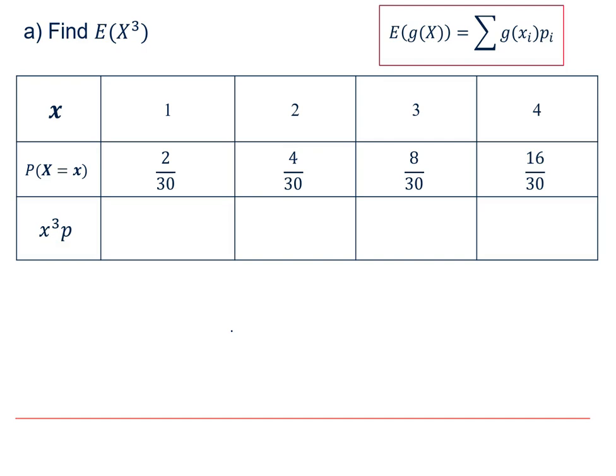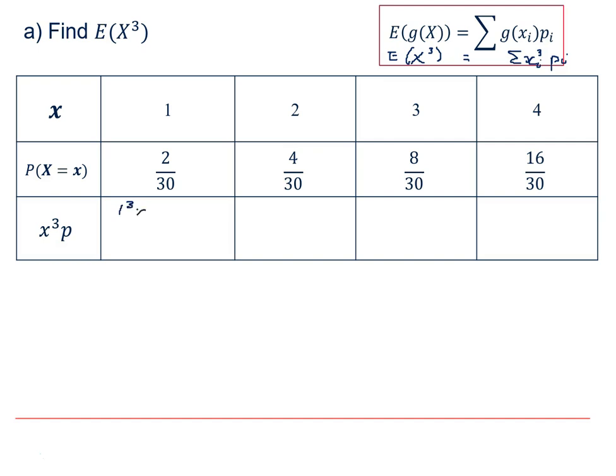So we've been asked to find the expected value of x cubed. So if you think about g of x being x cubed, we are going to have to find here sigma xi cubed pi, and we can fill that in on a new row in our probability table.